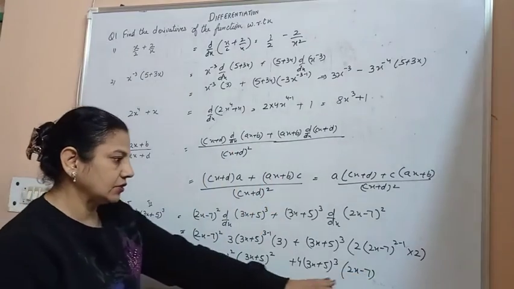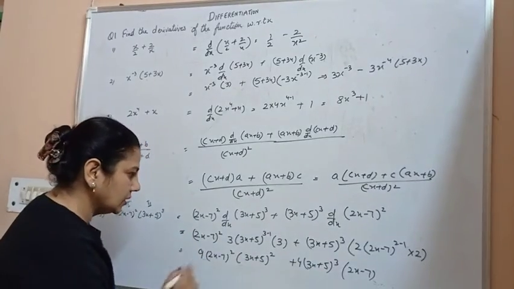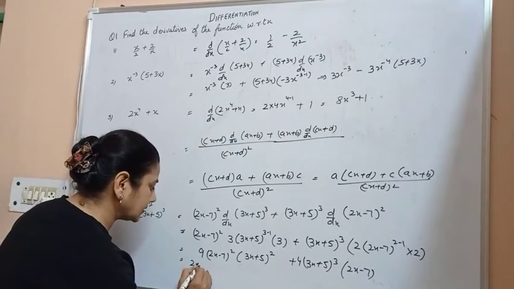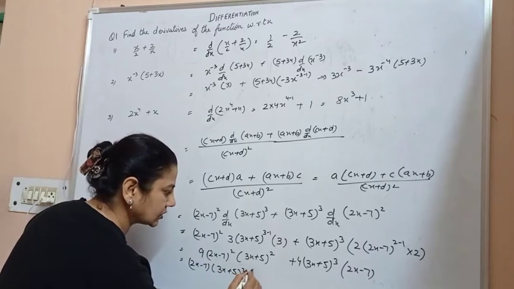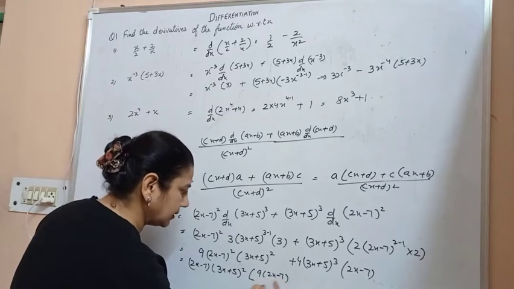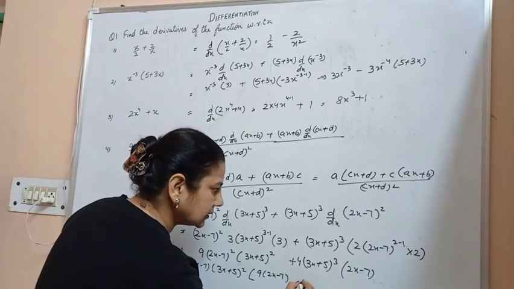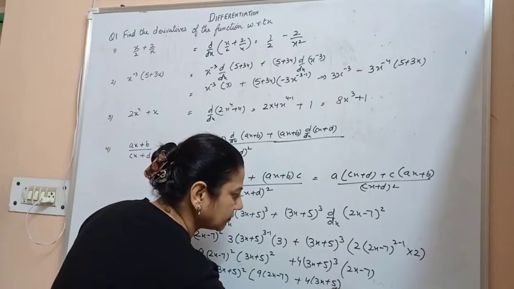Now in this case 2x minus 7 and 3x plus 5 whole square I will take common. So I have 2x minus 7, 3x plus 5 whole square, and I am left with 9 times 2x minus 7 plus 4 times 3x plus 5.